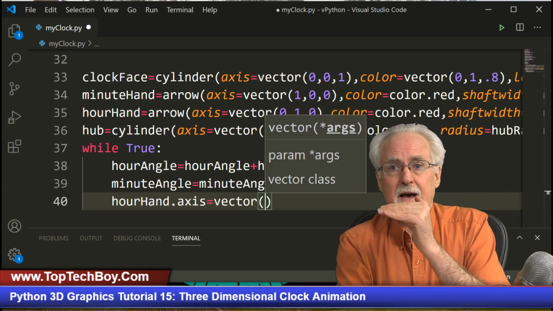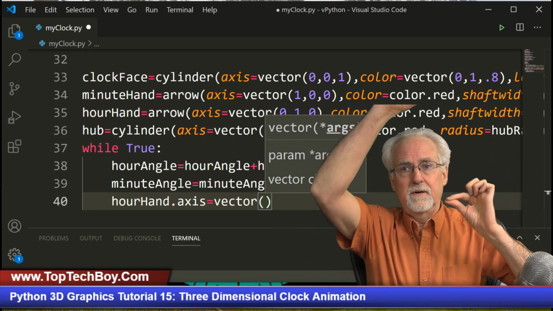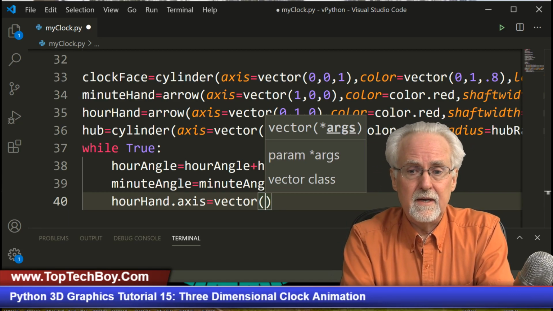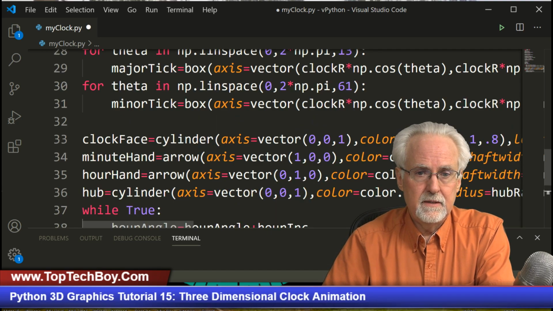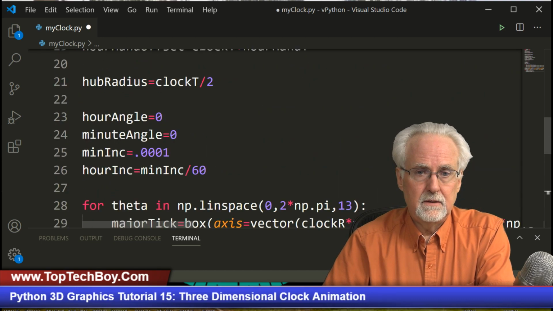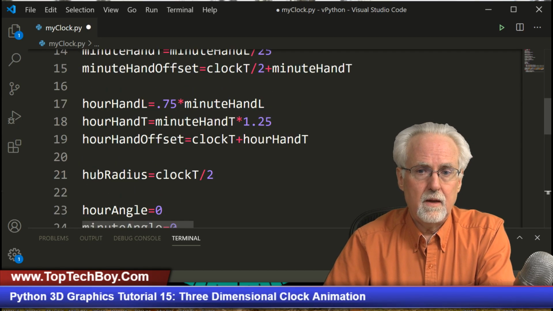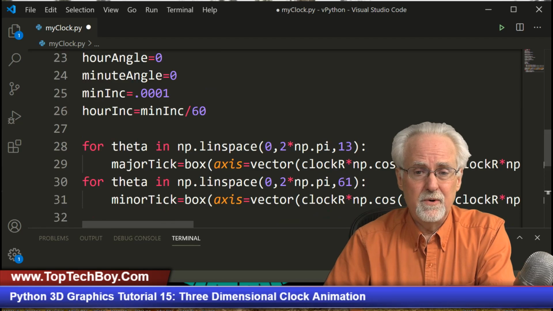But the x value, and we're still, here's the clock, here's the vector, we're still in x and y. And so the x is what? It is the radius. And what radius are we going to be using here? We will be using hour hand length, because that is what we're doing, right?